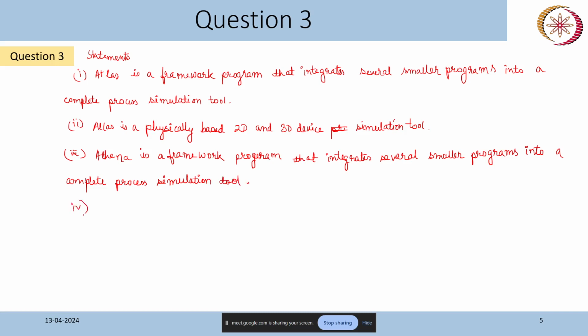Last statement is, basically this is the same statement with Athena instead of Atlas: Athena is a physically based 2D and 3D device simulation tool.